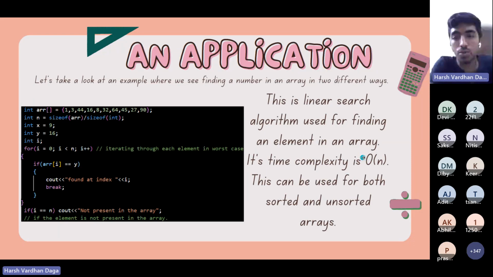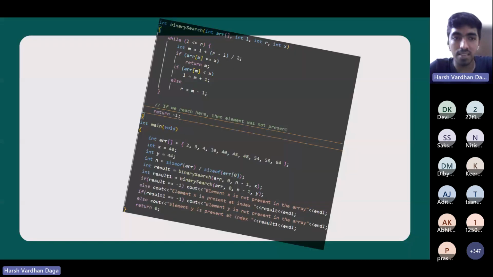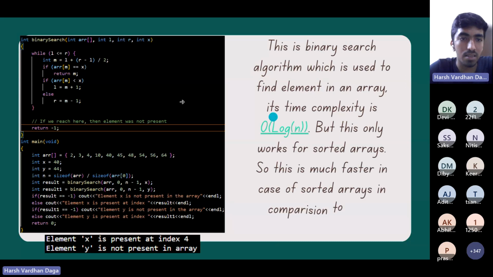Now you will be surprised to see another method, which I won't be explaining in detail today, as it will be taken up in the upcoming sessions, with time complexity of log of n. When the array is sorted, we prefer binary search. Here is the code for binary search.